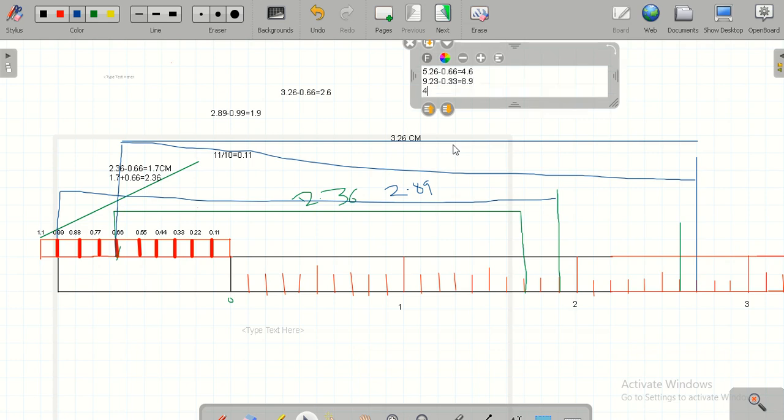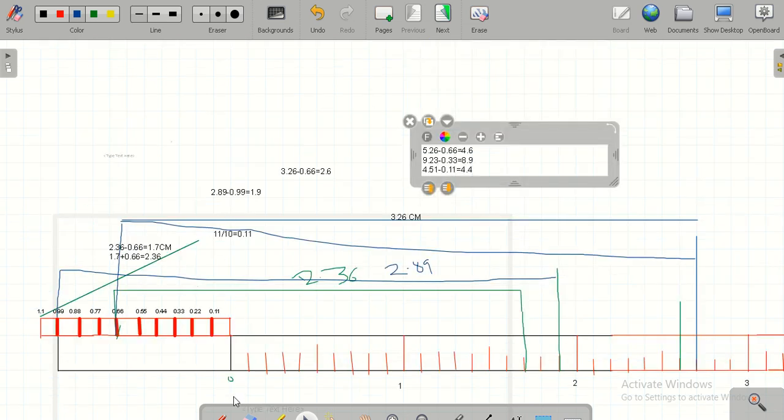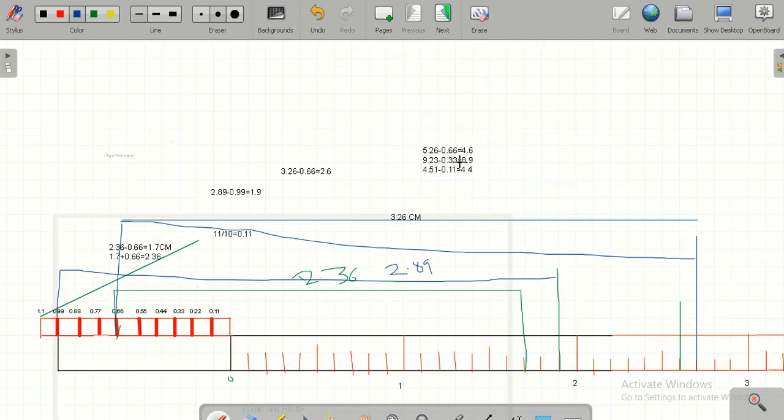Similarly, 4.51. What will you be subtracting? 0.11. 4.51 minus 0.11. See, you are getting two decimal places. All these two decimal places you can measure on the main scale. This is the main scale, and the remaining part you will be measuring on the Vernier scale. This is the Vernier scale.